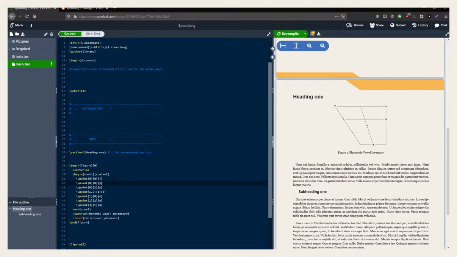I don't remember how it's built. Yep, okay. I think I messed that up. No, I didn't. Why is it? Oh, because it's centered. Does that work? Yeah, good enough.